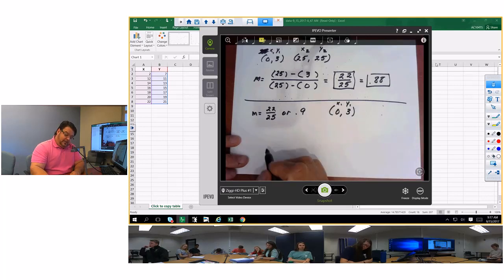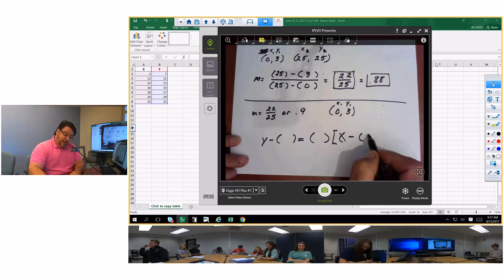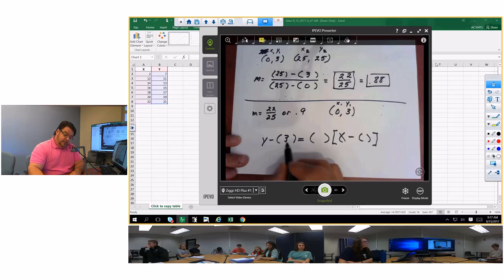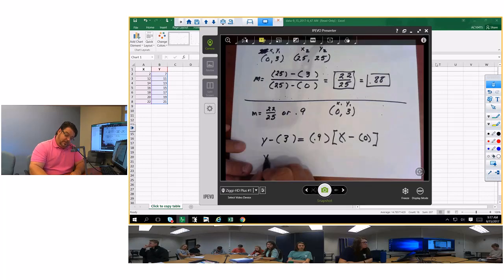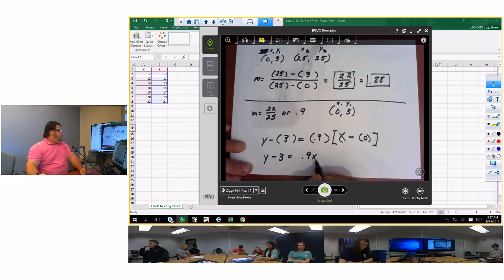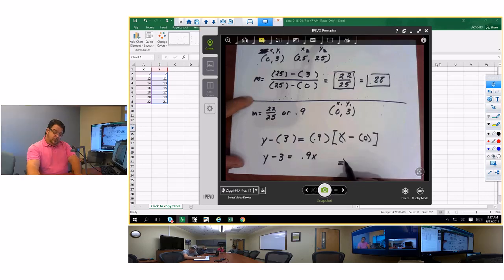So y minus y sub 1 equals m times x minus x sub 1: y minus 3 is equal to 0.9 times x minus 0. So y minus 3 is equal to 0.9x. And your final answer is y is equal to 0.9x plus 3.